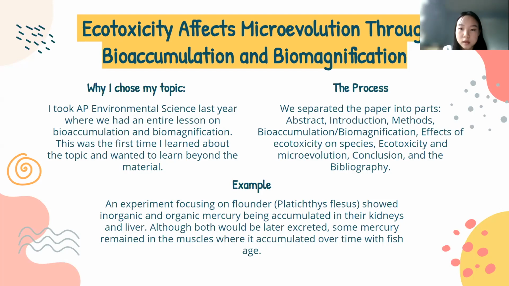And then the next topic was effects on ecotoxicity. This is where we gave an in-depth definition of ecotoxicity and included examples. For example, tilapia fishes were found to have a large accumulation of mercury in them.